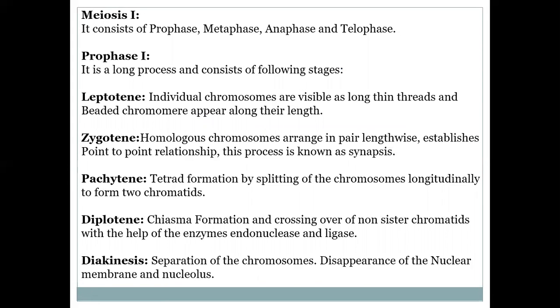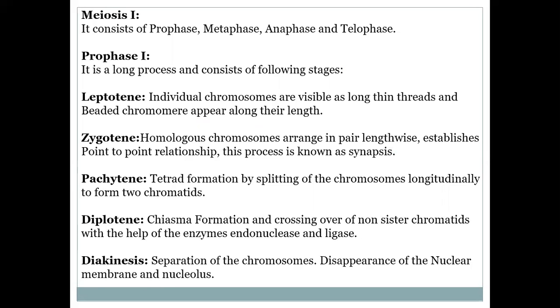Crossing over means, in a crisscross manner, two chromosomes break their arms and attach to the non-sister chromatid. This process is known as chiasmata formation, occurring in diplotene. It is an important MCQ question: where do chiasmata formation and crossing over happen? That is the diplotene stage.